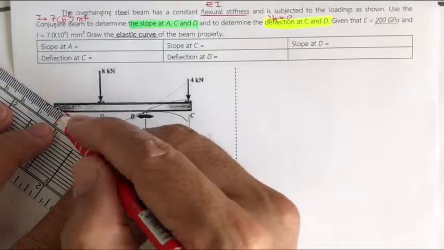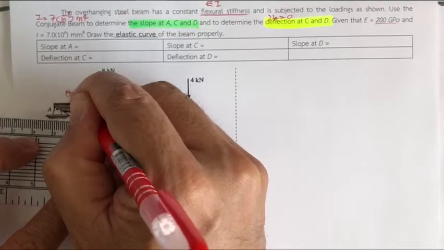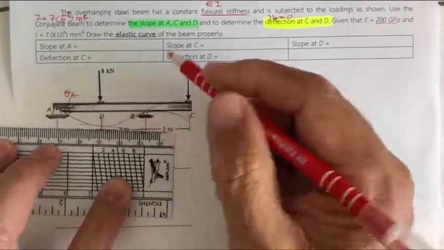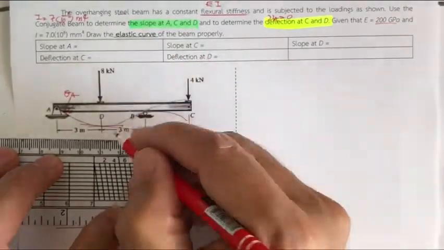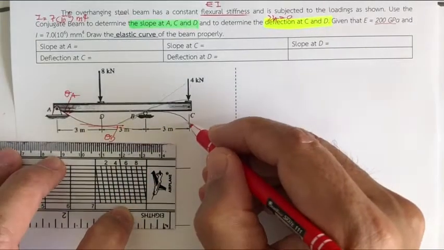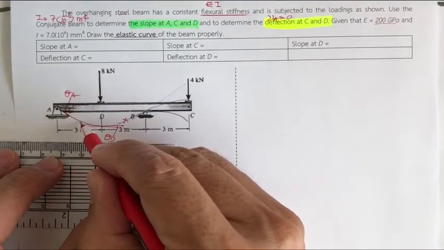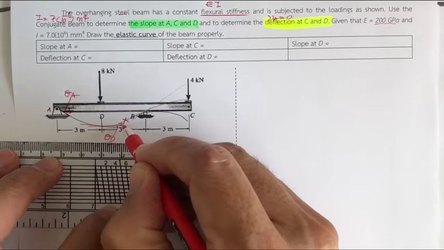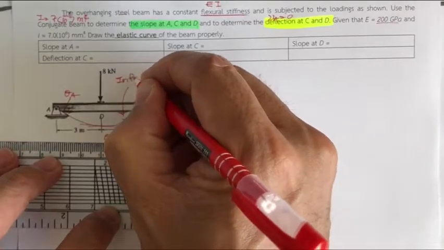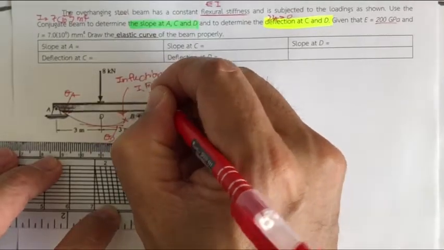Okay, and what I'm going to show you is this is going to be the theta sub A. Okay, and this, let me assume it first, is going to be theta sub D. Okay, and if our beam changes from concave upward to concave downward over here, this is going to be the inflection point, or you may call it IP.